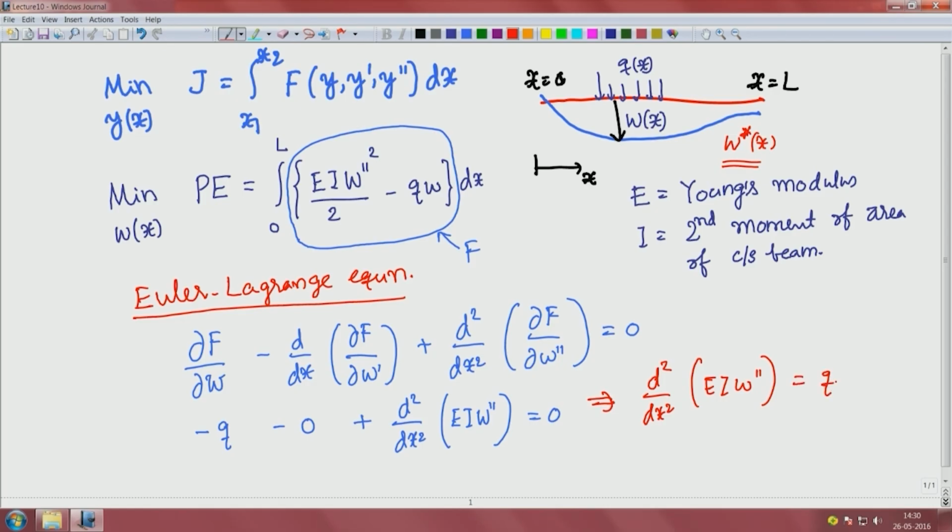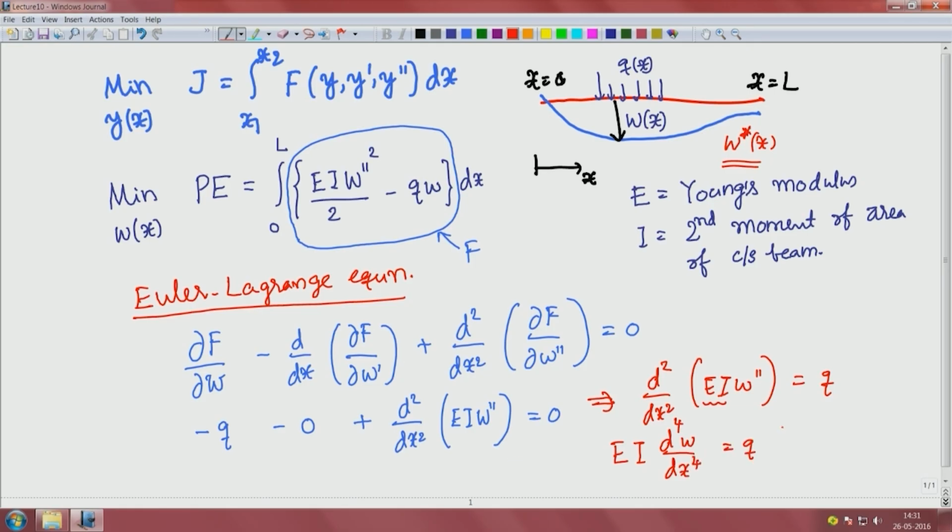Now, if you assume that E and I do not depend on x, that is, a constant cross section, then we get EI times the fourth derivative: w double prime is the second derivative, and then you have two more derivatives, so EI d to the 4 w by dx to the 4 equal to q.